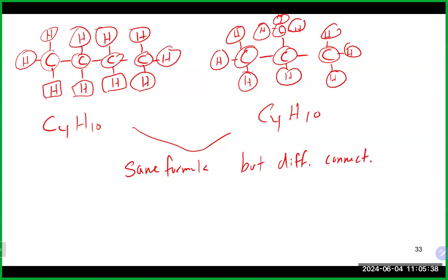And they are connected differently. And this is what is referred to as being isomers of each other. So isomers in organic chemistry are basically two things that have the same formula, but they do have different connection, and they also have different names. And we will pause on that and get into how we can tell the difference in lab, I think.